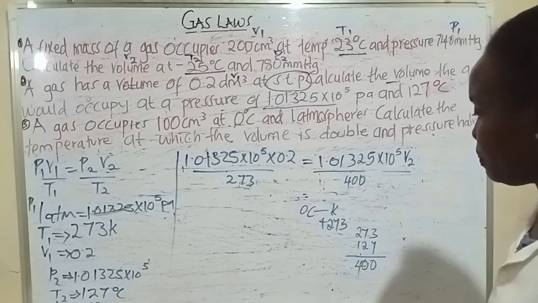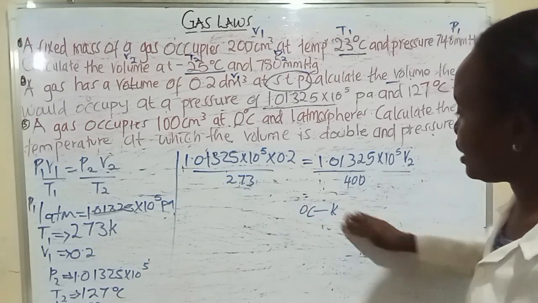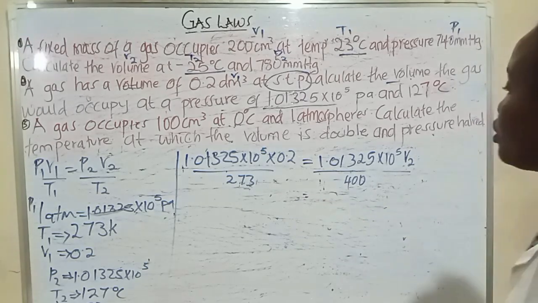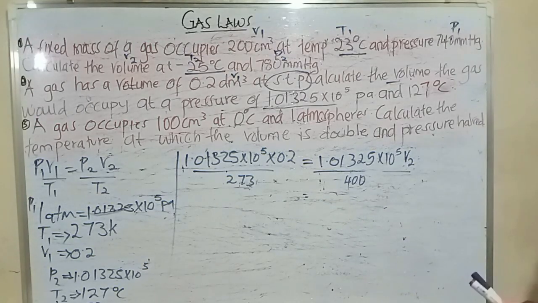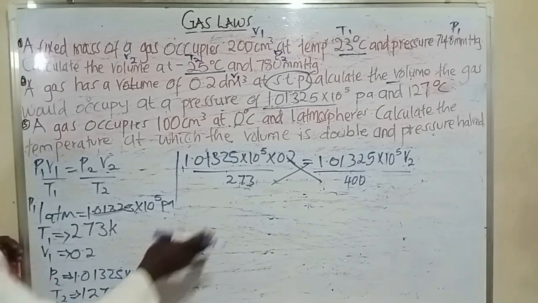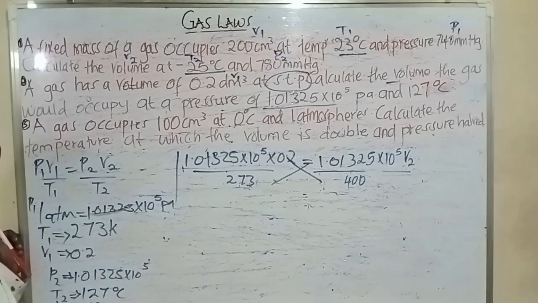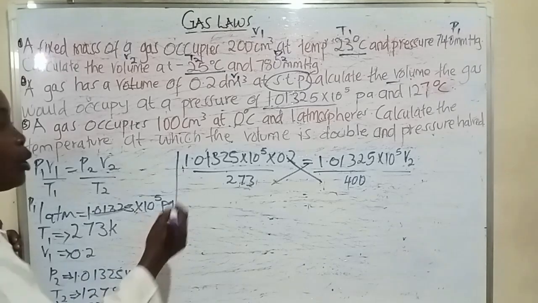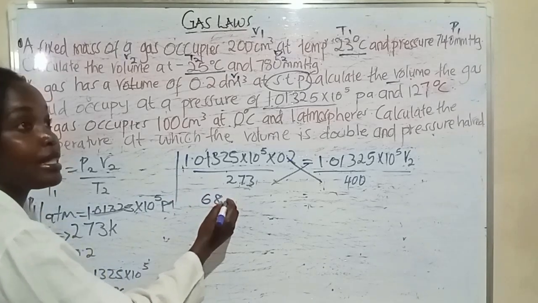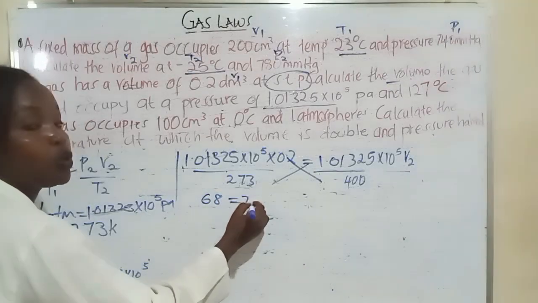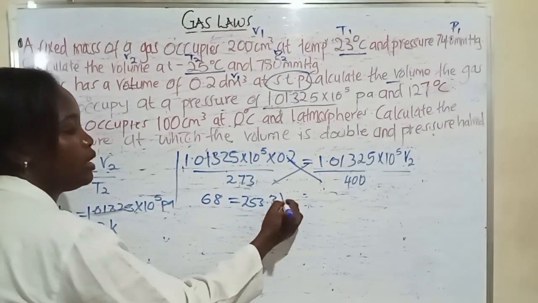Now, after you have done that, what do you do next? You cross multiply in order to make V2 the subject of the formula. When you work it out in your calculator, you're going to get 68 is equal to 253.3 V2.